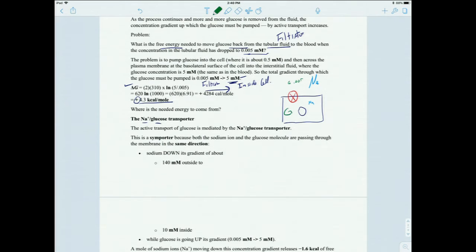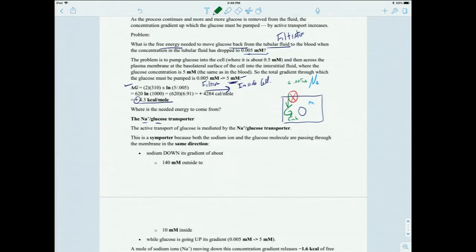And then I got a lot of glucose here, which is going to be 5 millimolar versus 0.005 millimolar. So I need to move glucose from here to here, and I'm going to use that pump to do it. So that pump is going to be grabbing a glucose from the filtrate or the GI tract and moving it inside the cell up a pretty steep concentration gradient.